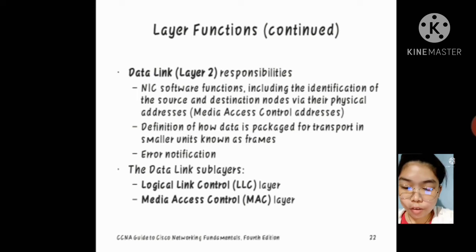It defines how data is packaged for transport in smaller units known as frames. It also has error notification. The data link sublayers are the logical link control, or LLC layer, and the media access control, or MAC layer.